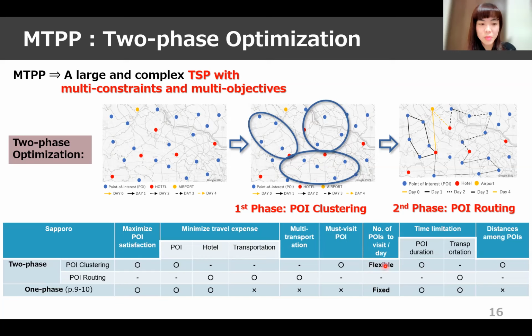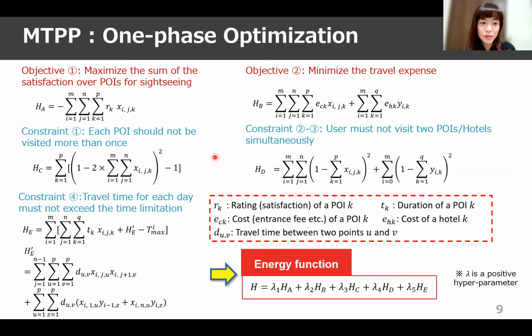Another difference between these two methods is that the number of POIs to visit each day is flexible in two-phase. However, the number of POIs to visit each day is fixed in the one-phase method. It means in the one-phase method, if we set P to be, say, 5, then for day 1, day 2, and day 3, you are going to visit 5 POIs each.